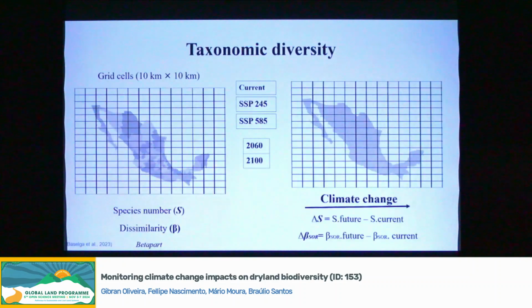And to define the taxonomic diversity, we divide into grid cells, that are our communities of 100 square kilometers, and for each grid cell we have a value of species number, that is the richness, and we also have the similarity value, that's the beta diversity. We derive from this value for the future a delta value, so we can know if the value is negative, it is attributed to the loss of species or the homogenization.